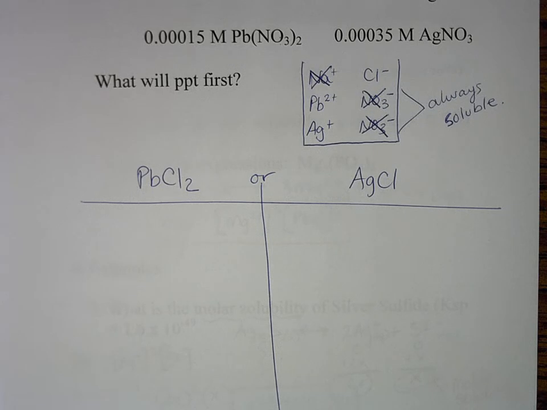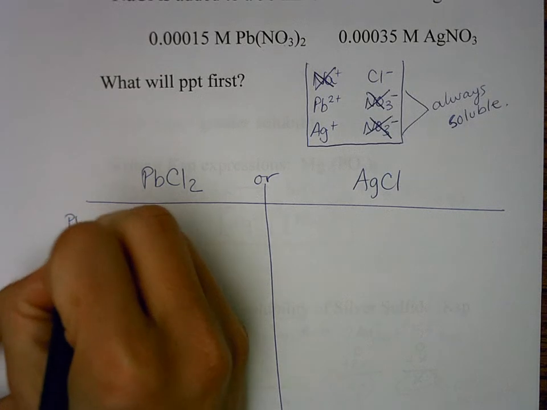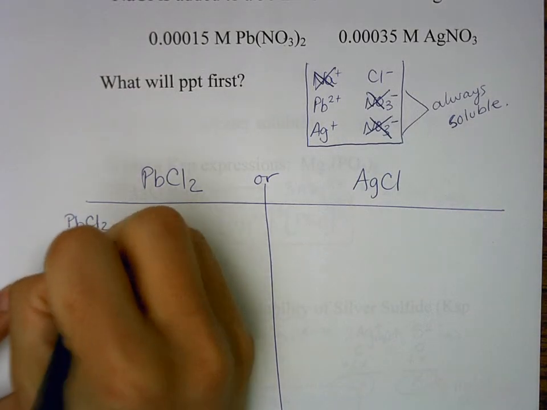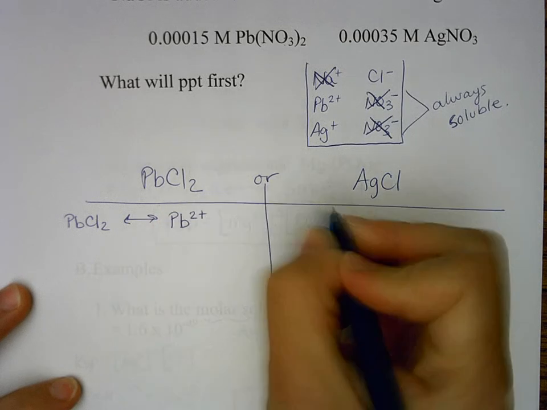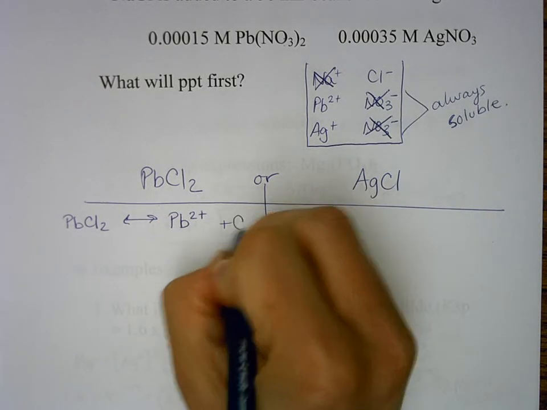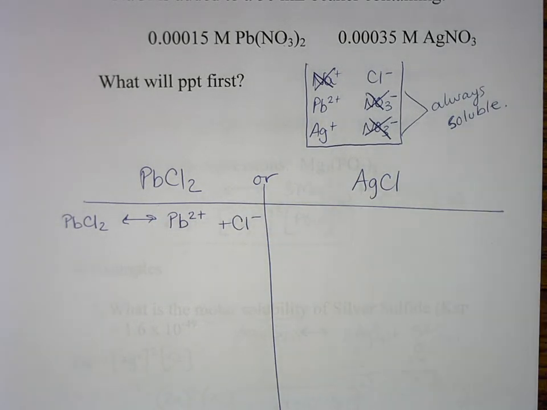Okay, so lead chloride, silver chloride. I want to write out the ionization of each one of those separately. So lead and chloride ions. And why? Because I'm going to use the KSP values.